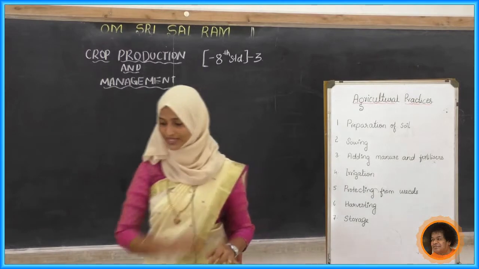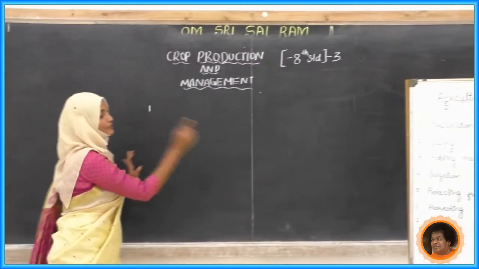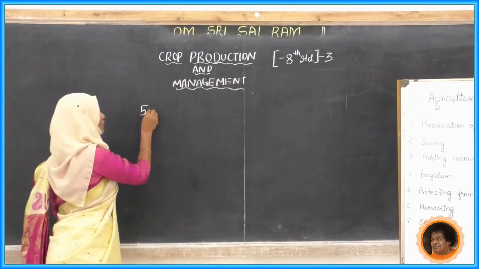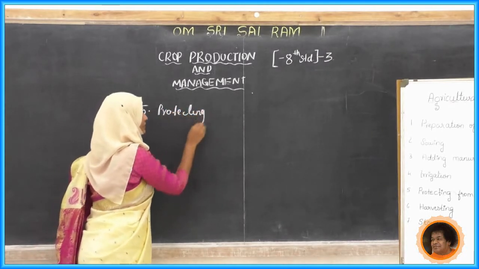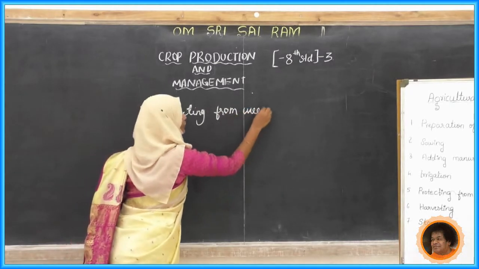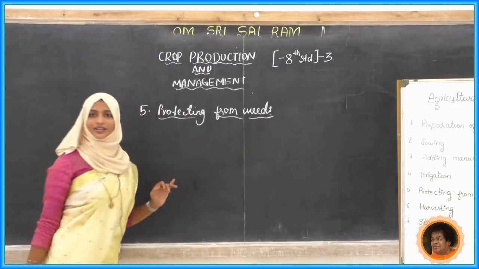Yeah, in today's class we are going to study that. How many points? Fourth we have completed. Fifth one, what is it? Protecting from weeds. Do you know what a weed is? Weeds means what?